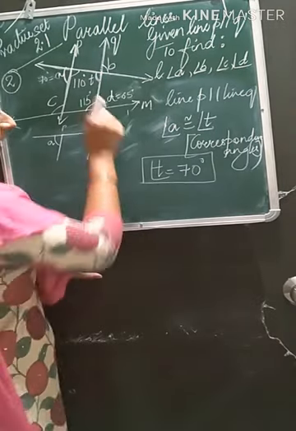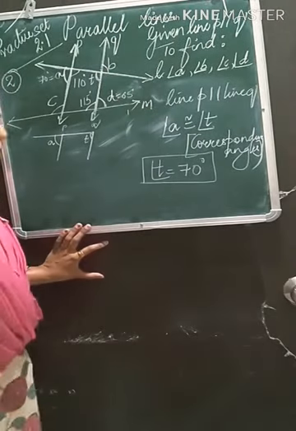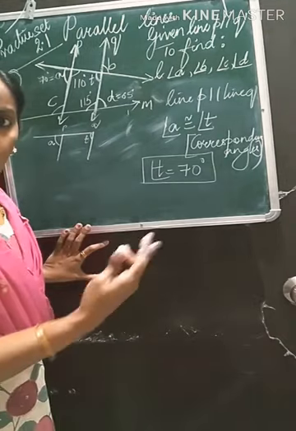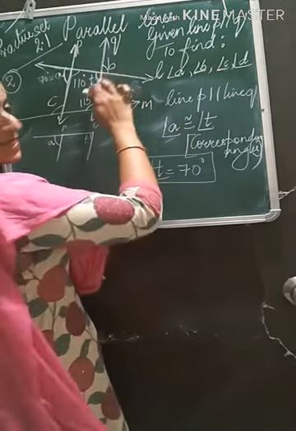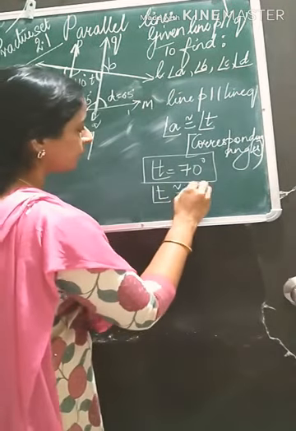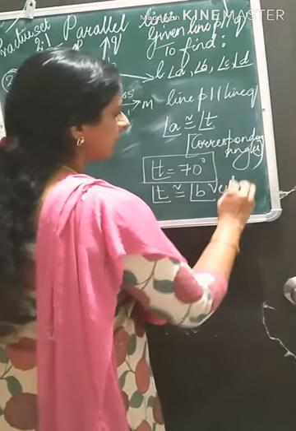Now if angle T is 70, how much will be its vertically opposite angle B? T's vertically opposite angle is B. Vertically opposite angles. So I'll write angle T congruent to angle B. What is the reason?